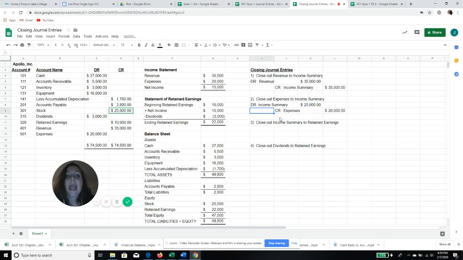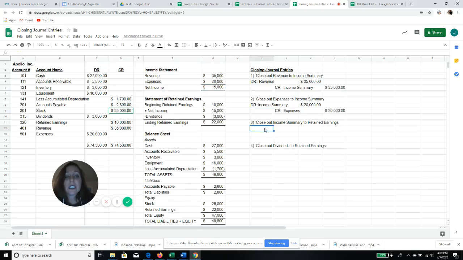Okay. Now I need to zero out my Income Summary account. I've got a credit of $35,000 and a debit of $20,000. So currently there is a credit in my Income Summary account of $15,000, exactly the amount of net income. So that's going to be a credit balance.